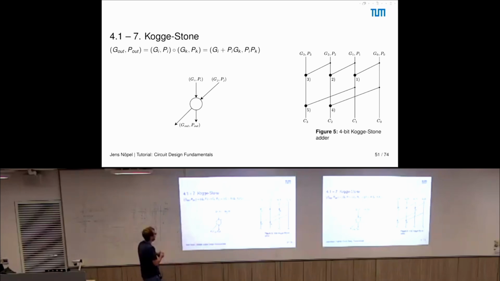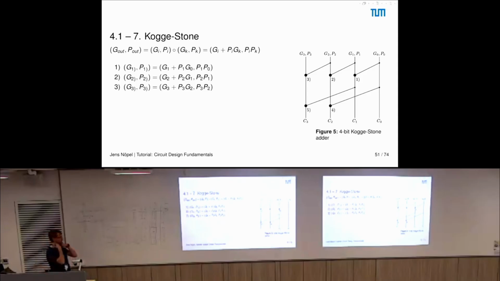And how do we calculate this? This is G_i OR P_i AND G_k to get the new G out. And for the propagate, we just AND P_i and P_k. So this is a short recap.